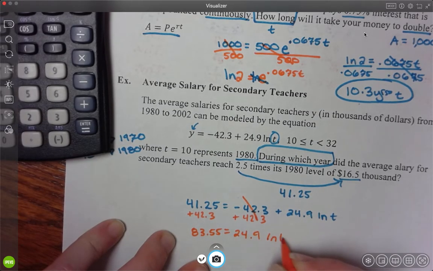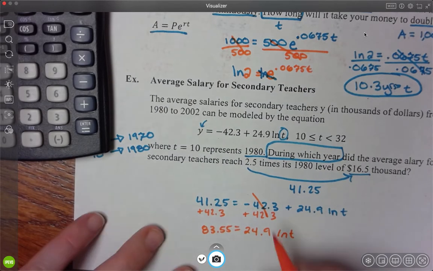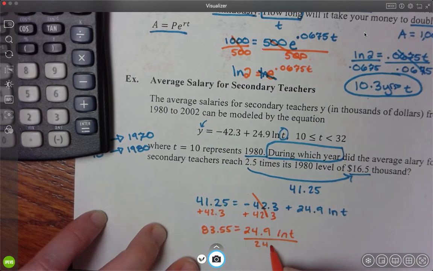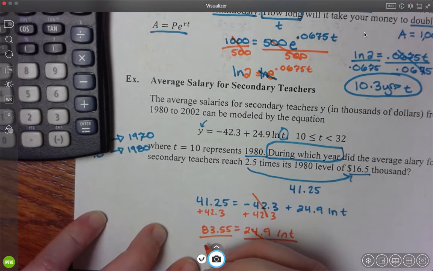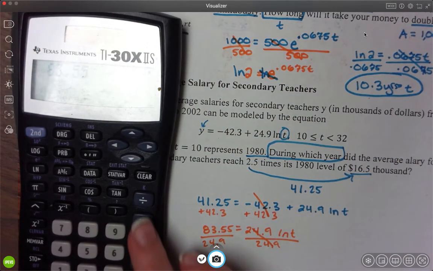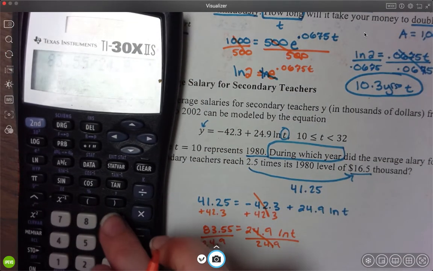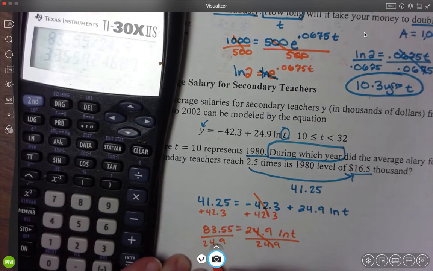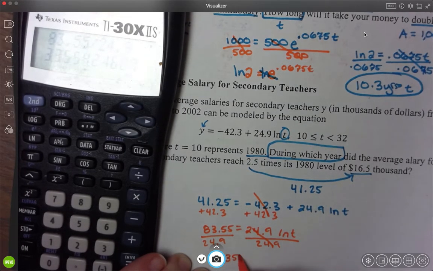Check 83.55, yes. Now let's divide the 24.9 over so that we just have ln of t by itself. I can't do that in my head. So 83.55 divided by 24.9, and I get 3.355 equals ln of t.